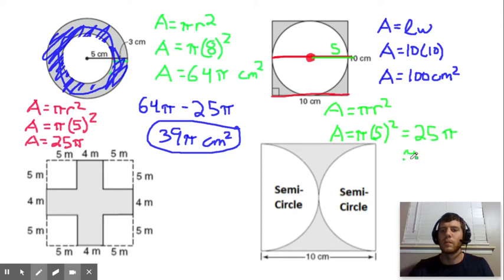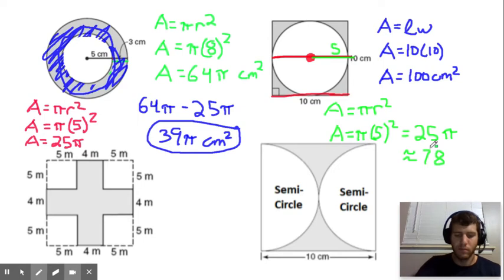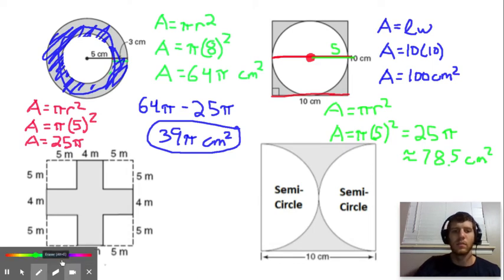If we put that in our calculator, it's approximately, I believe, 78 point something. Let's check. 25 times pi, 78.5 centimeters squared. And then we can subtract that from 100.